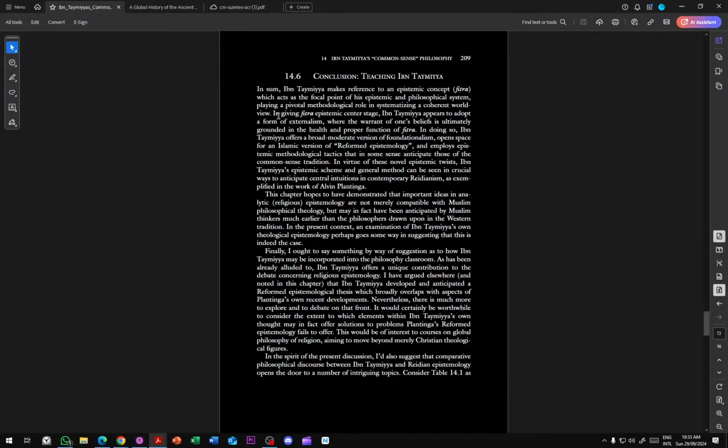We have biases, we have certain natural knowledge that atheists or evolutionists would consider to have developed from evolution. This intuition, or what's it called, instincts. So these instincts or intuitions and biases and heuristics that we have, Ibn Taymiyyah considered them to be arguments.